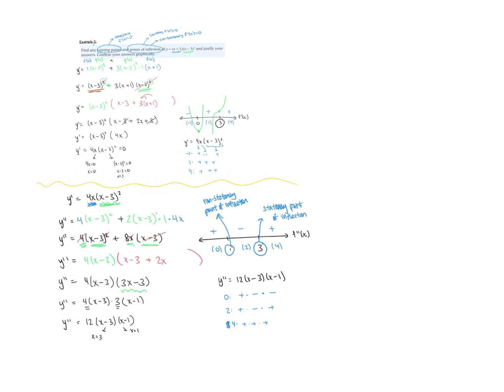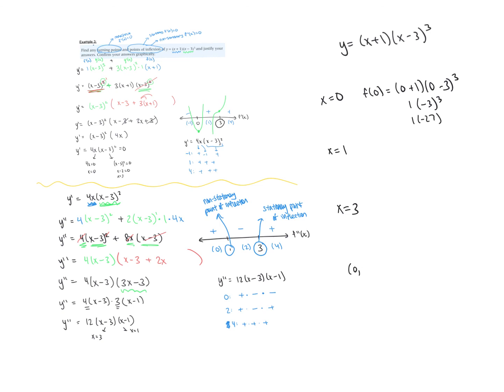All right, so our answer now. Remember that our original equation was (x + 1)(x - 3)^3. So I have the points when x equals 0, when x equals 1, and when x equals 3. Let's find the y value. f(0), I would get 1 times (-3)^3. That's 1 times -27.